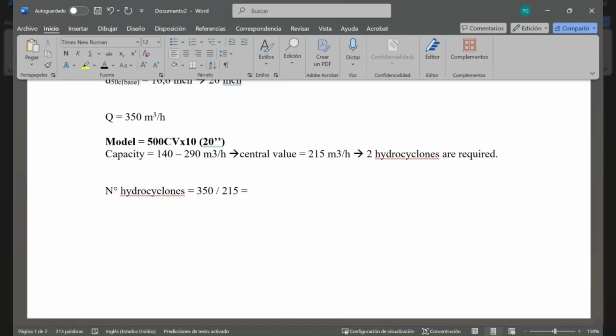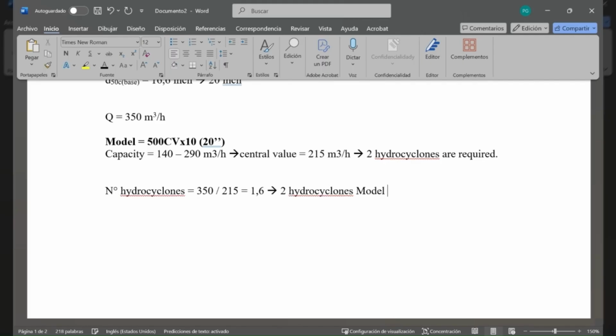We either have 1 or 2. So 350 divided by 215 gives us 1.6 hydrocyclones, which we have to approximate to the next largest integer. That's why we say we require 2 hydrocyclones.